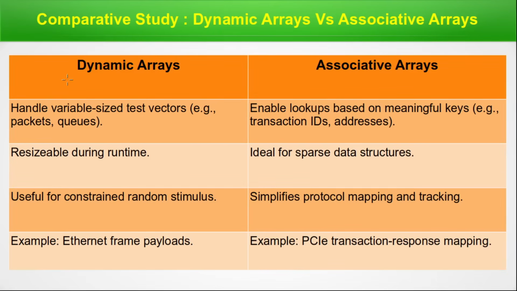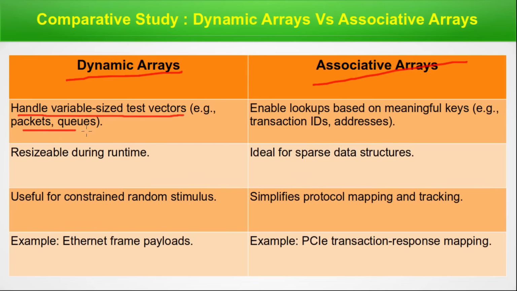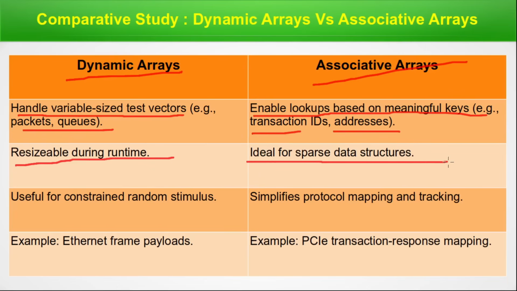So here is our table. In the left hand column we have dynamic array, and in the right hand column we have associative array. The dynamic array handles variable size test vectors, that is packets or queues, whereas the associative array, however dynamic in nature, enables lookups based on meaningful keys, that is transaction IDs and addresses. This is resizable during runtime, ideal for sparse data structures.